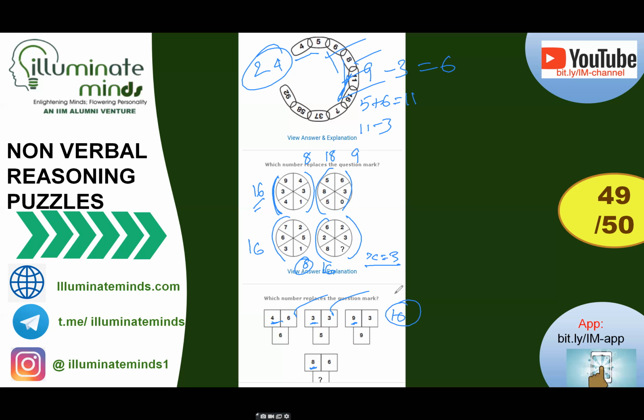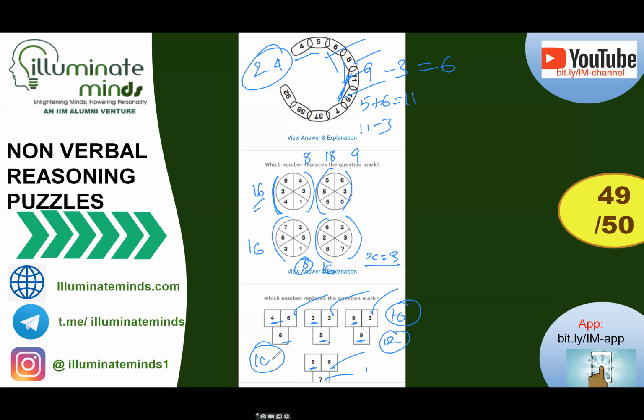Similarly, 6 plus 3 plus 3 is 12, by 2 is 6. 6 plus 5 plus 9 is 20. 20 by 2 is, 6 plus 5 is 11. Correct? Yeah. 6 plus 5 is 11. 11 plus 9 is 20. 20 by 2 is 10. So the correct answer is 10 in this particular case. Is this okay, guys?